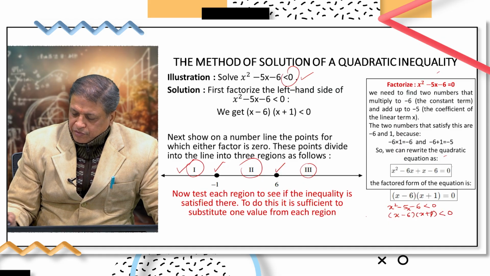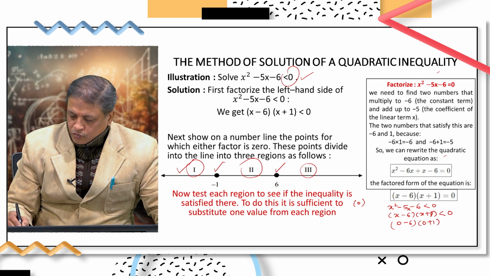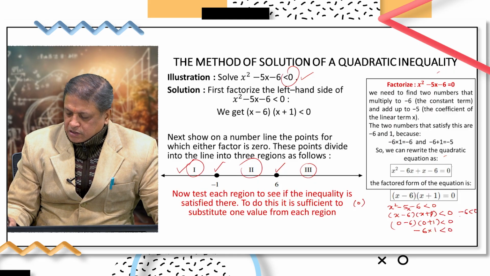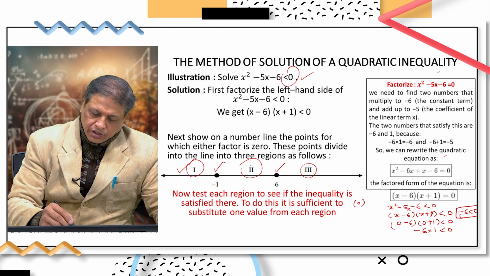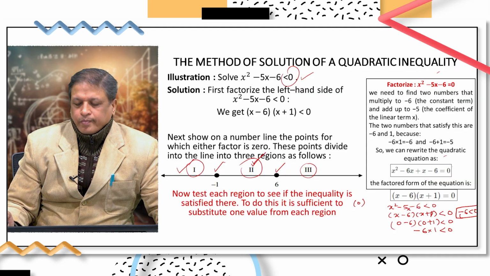Now for region 2, say we take the point 0. So substituting 0 minus 6 and 0 plus 1, this turns out to be minus 6 into 1. So yes, minus 6 is less than 0. So in this region, the inequality is true. That's why the solution is lying in region 2.